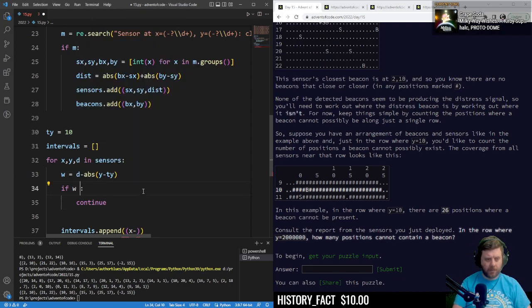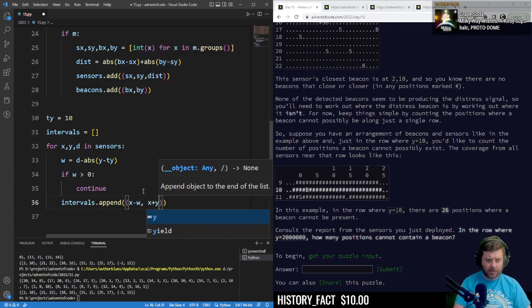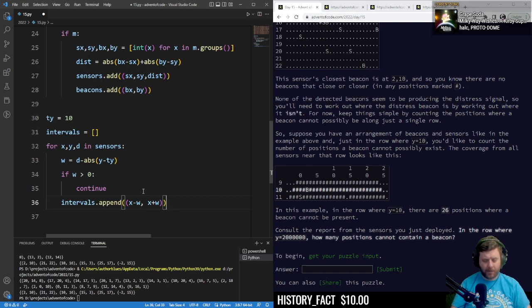And so if w is greater than 0, then continue. But I want to add to the intervals x minus w and x plus w. And these are the intervals of coverage in this row.